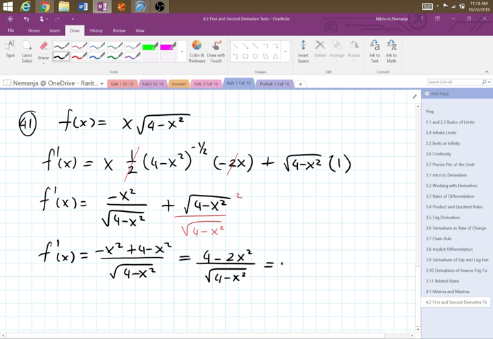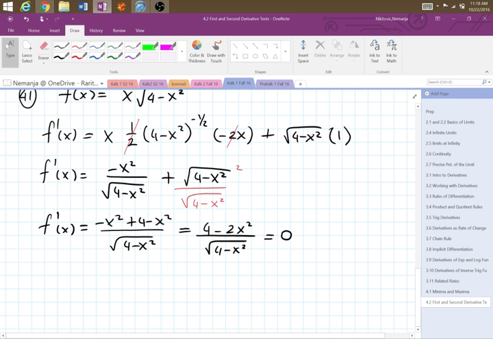And now we set this equal to 0. And we have 4 minus 2x squared is equal to 0, from where 2x squared is equal to 4, from where x squared is equal to 2.